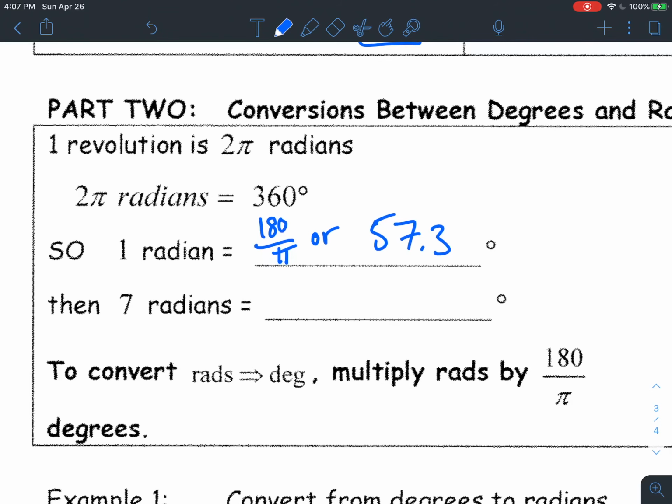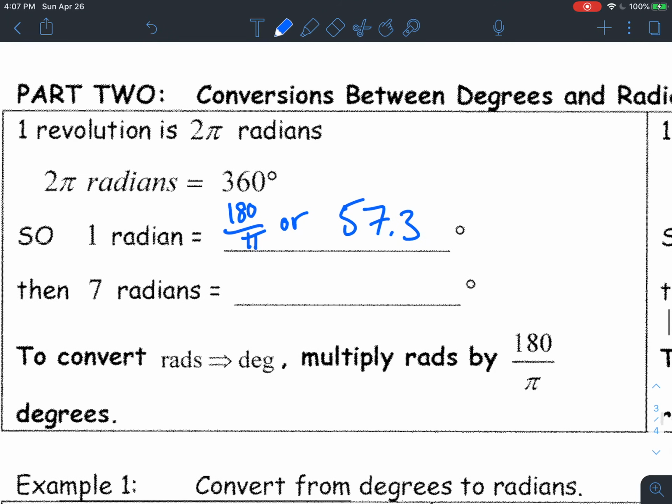I don't know why I have this next one in there, just extending it. I'm not really concerned with what 7 radians is. I mean, sure, 401.1. But really, what one radian is converted to degrees is the best approximation for it.